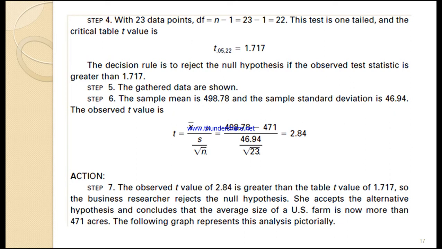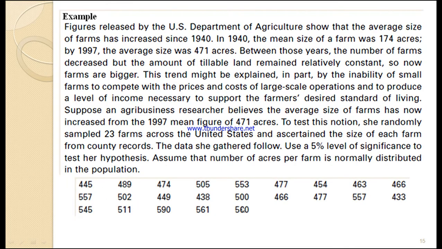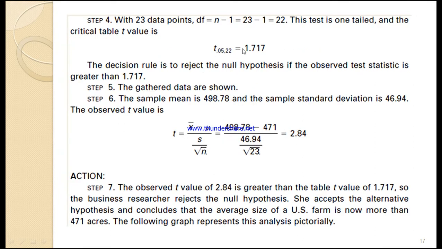Let us proceed to step number 6. Step number 6 is analyzing the data. Therefore, we calculate the sample mean, and when we use sample data of about 23 data points, the sample mean will be 498.78, which means when we add all these figures and divide by their number of observations, or by 23, the result will be 498.78.